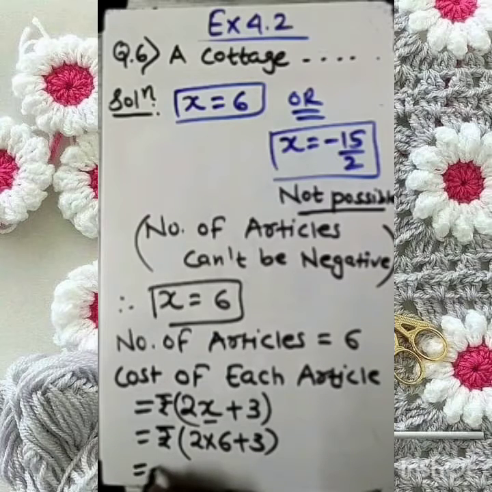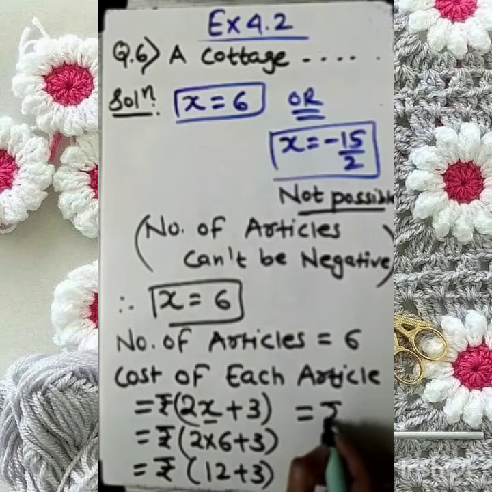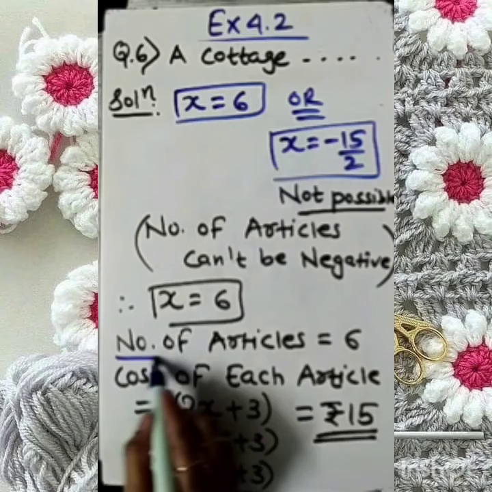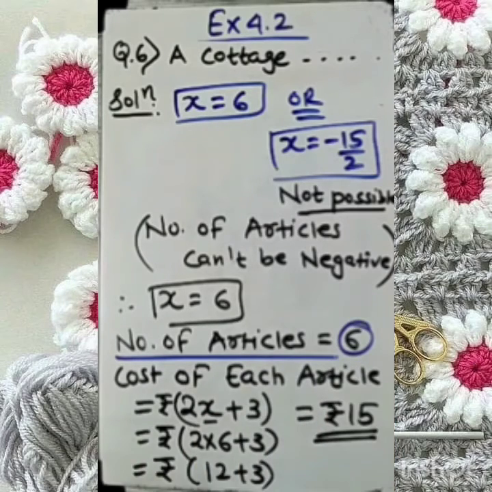So dear student, 2 into 6 is 12, and 12 plus 3 is 15. So that is rupees 15. So the final answers asked of us are the number of articles, which is 6, and the cost of each article, which is rupees 15, according to the given question.